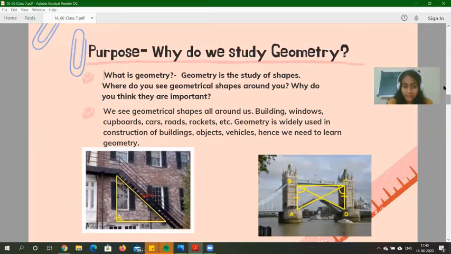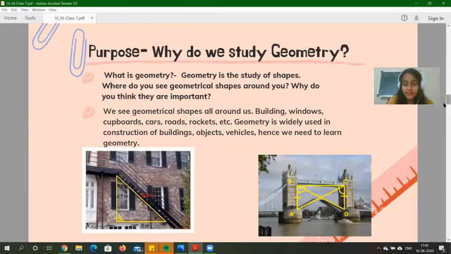Building, window, car, a box, a biscuit, a rocket, a clock, anything and everything you see around you, there is some sort of geometrical shape involved in that. Geometry is important because without geometry you will not be able to build all these things. You will not be able to build a house, a car, or a table. So it is important for all these purposes.